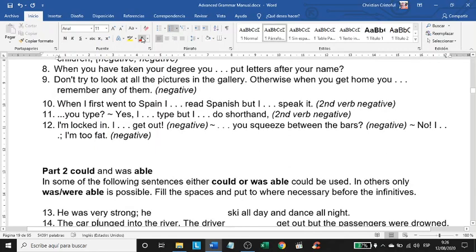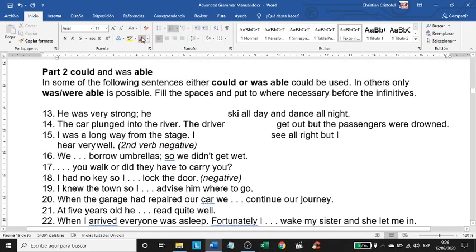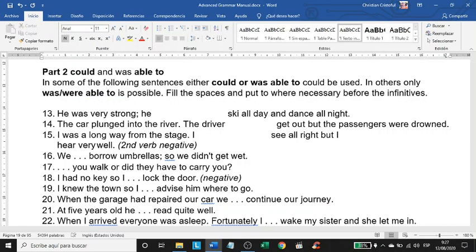Then we have part two, could and was able to. In some of the following sentences, either could or was able to could be used. In others, only was, were able to is possible. What's the difference? Then let's see.